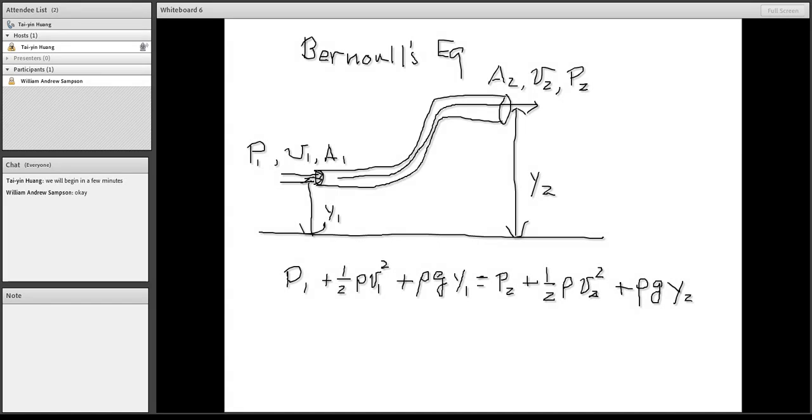This is what we call Bernoulli's equation, and it comes from the conservation of energy.